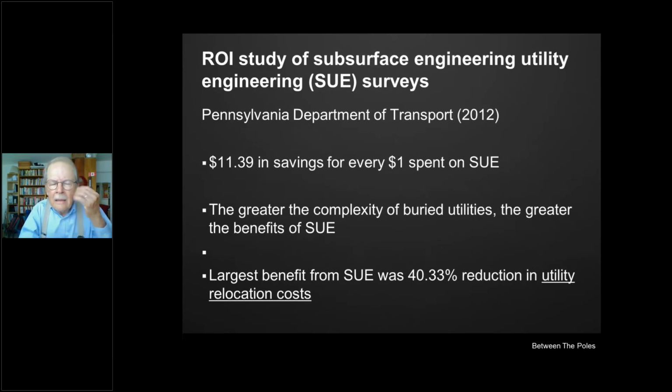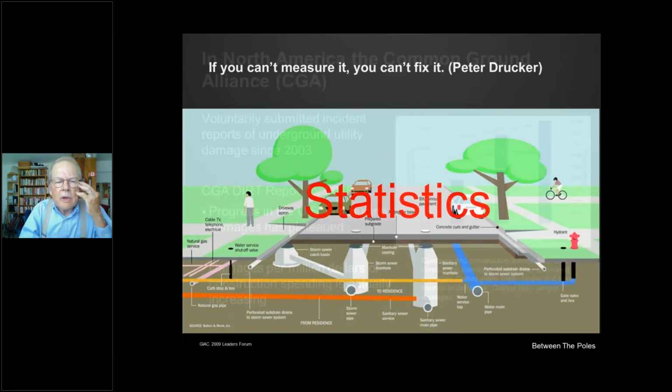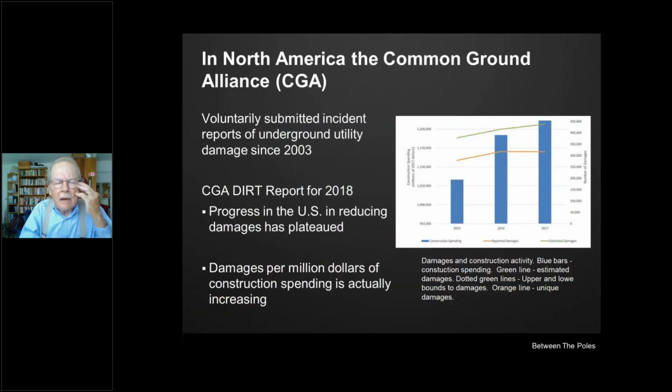One of the areas that is getting a lot more attention now, and I referred to it at the beginning, is statistics about incidents. In North America, there is no mandatory reporting of this except for transmission pipelines and some distribution pipelines of gas and fuel.